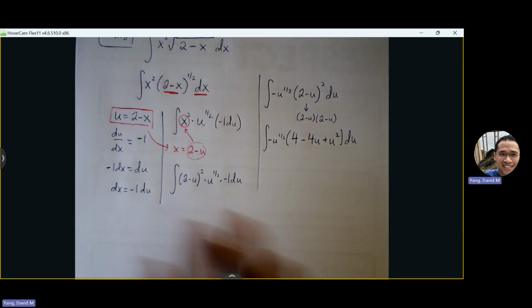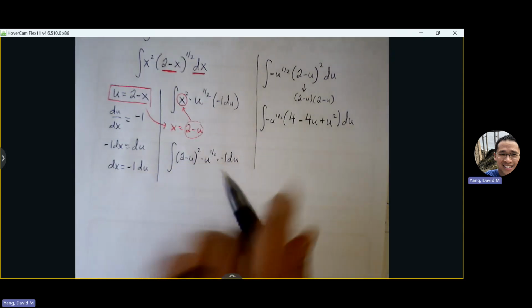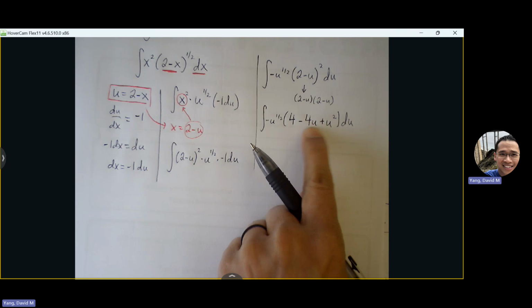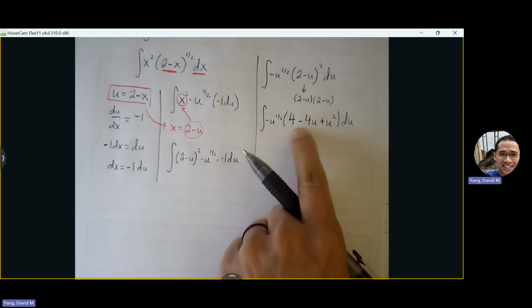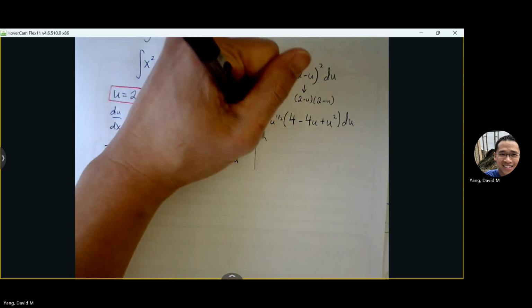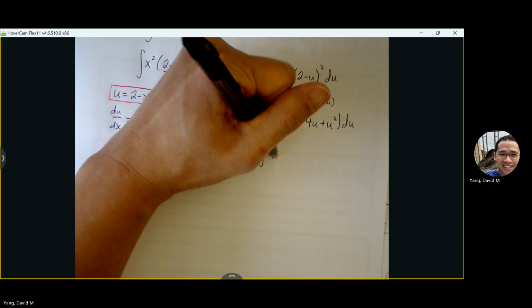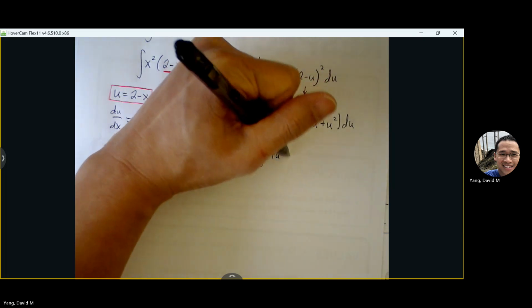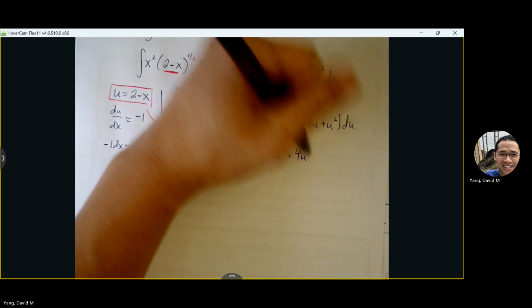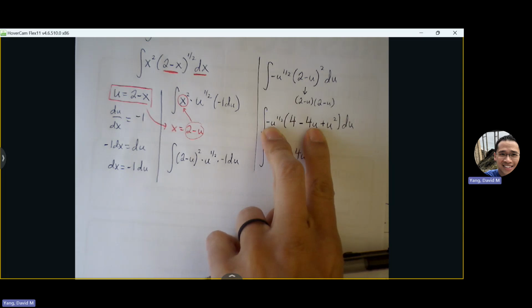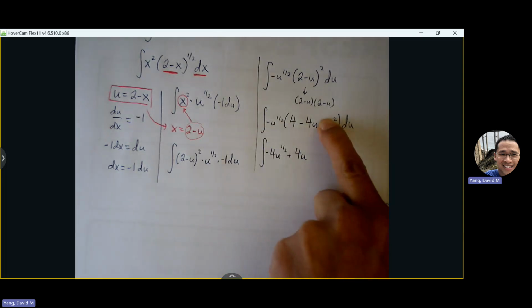We're getting closer to getting ready for power rule, but we still have to distribute through. So let's distribute the -u to the 1/2 through. If I'm multiplying the u variable, I'm adding exponents. There's a hidden 1 above here.